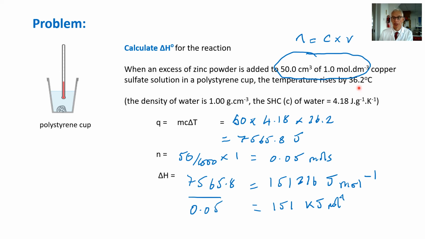You may object, 36.2, 3 sig figs for the temperature and for the density, etc. But I need to add a sign to the enthalpy change value. So we've got a rise in temperature, so that is exothermic, and we give that a negative sign.